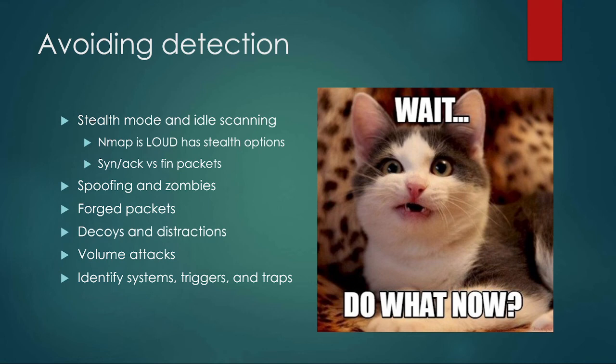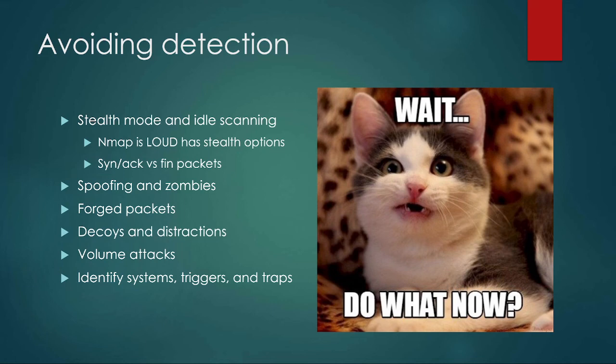So you're probably going to want to think about things like stealth options, looking at SYN and ACK or FIN packets and how you can use those to make Nmap not trigger so many things. We can also look at things like spoofing IP addresses, spoofing MAC addresses, using zombies or pivots so that we can get into the system without it getting tracked back to us as easily.